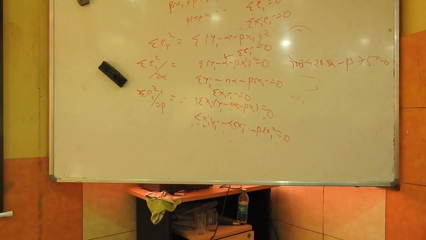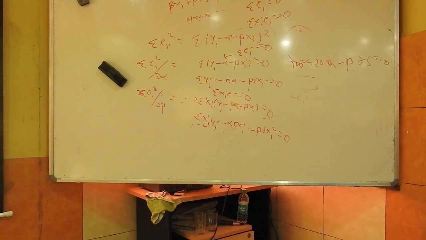Now when I say summation xi ei is equal to 0, I am effectively saying that covariance xi is equal to 0. Right? Sorry, so we got summation ei within brackets xi minus x bar.